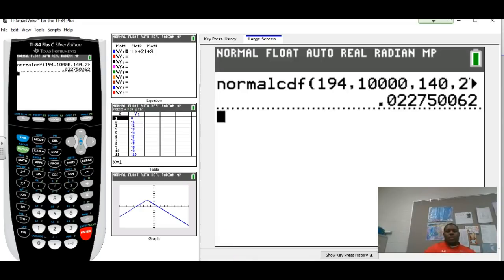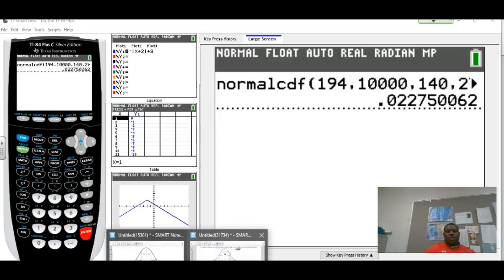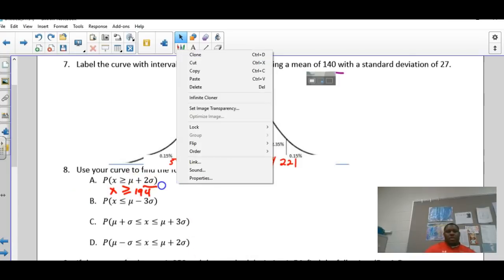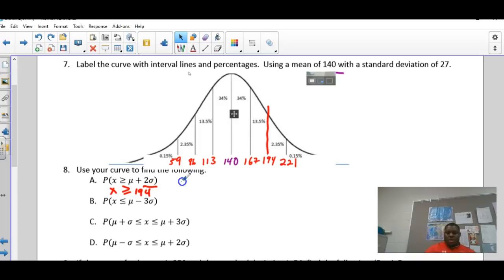So back to our problem, because again, we're looking for the probability. So the probability is going to be 0.0228 for part A. Part B, we have the probability that our x is less than minus 3 standard deviations.